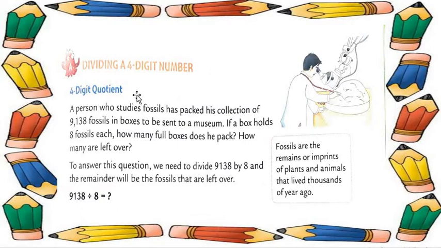And students, one more thing I forgot to tell you. You must write all these things, these important things and this topic, in your fair book also with me. I hope you all are writing with me.